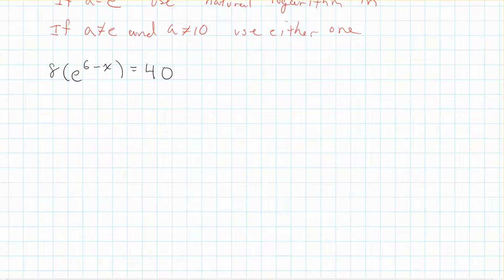So we're going to, of course, start off by dividing both sides by 8, because you're really wanting to get your exponential portion by itself. So then we'd have e to the 6 minus x. Well, 40 divided by 8 would be 5.